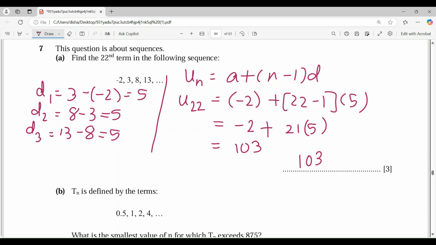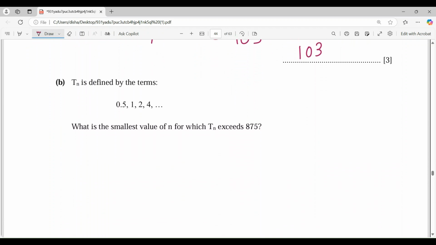Now next, Tn is defined by the terms 0.5, 1, 2, 4. So here we see that on multiplying by 2, we get the next term. When you get the next term either by multiplying or dividing, that is a GP.